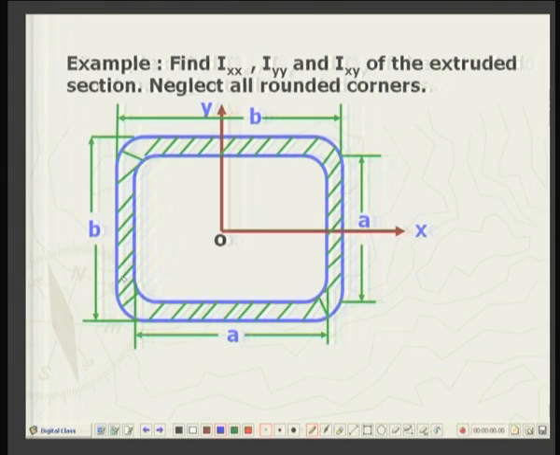So, you have a box like this, and for the sake of simplicity, these corners we will neglect. We will say that it is a rectangle, outside rectangle and inside rectangle. Okay. So, the outside rectangle has the dimensions b and b, that is a square, and the inside rectangle has again a and a, right.